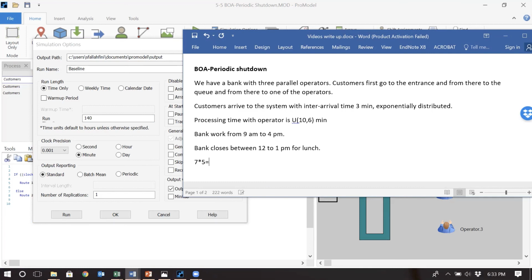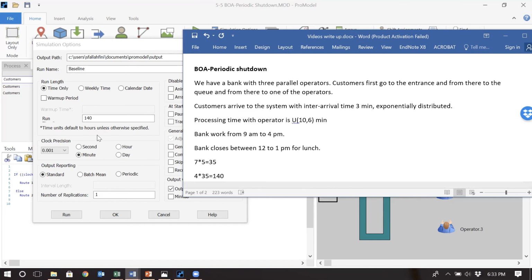So in each week we have 35 working hours, and then in a month we have, let's say, 4 weeks, and that's going to be 4 multiplied by 35, and that's going to be 140.